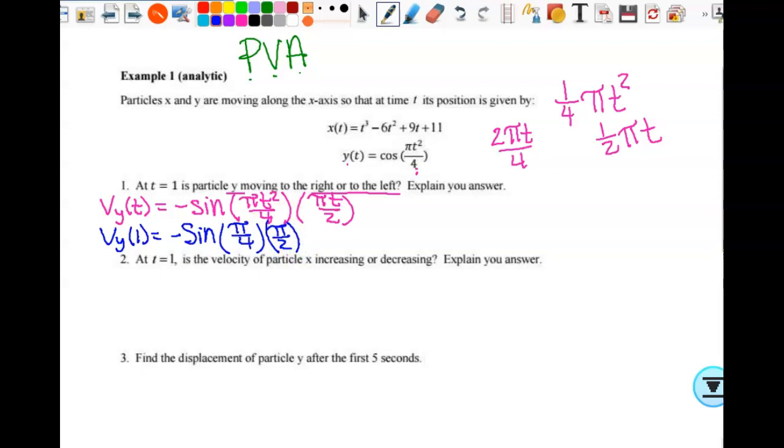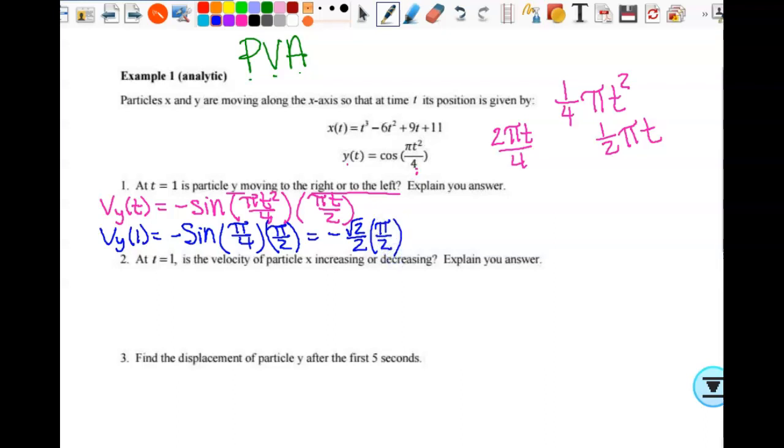But I need to know what the sign is, not the SIN, the SIGN, of this answer. Well, what is the sine, S-I-N-E, of pi fourths? Square root of 2 over 2. So this is negative square root of 2 over 2 times pi halves.